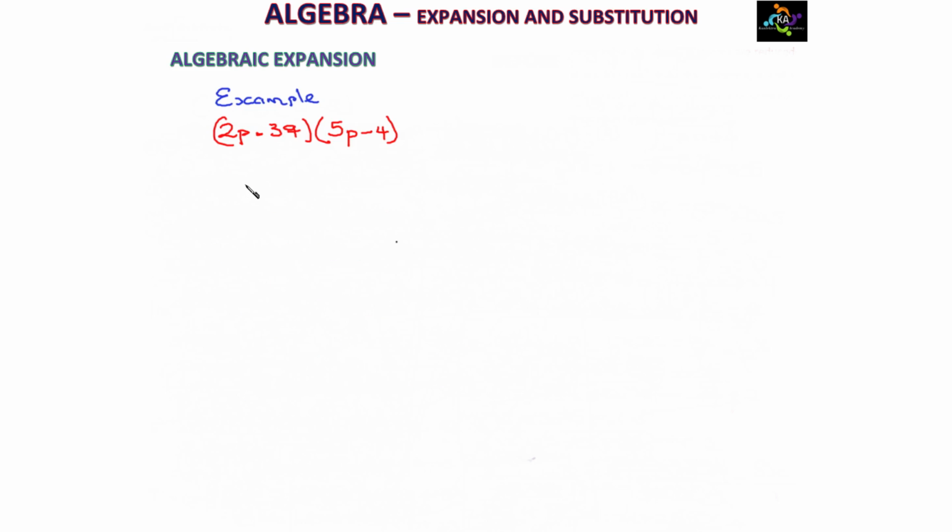Here is an example on how to solve algebraic expansion. I'll quickly do this example so you will understand perfectly well how to go about it. As I said, you pick the first term in the first bracket, that's 2p, and multiply all the terms in the second bracket. Then the minus 3q multiplies the whole term in the second bracket.